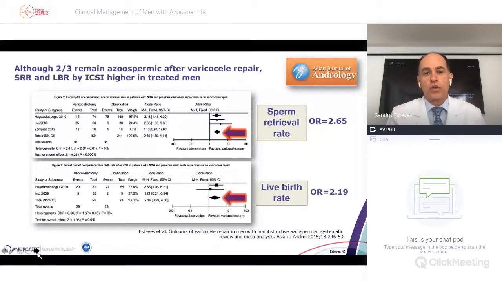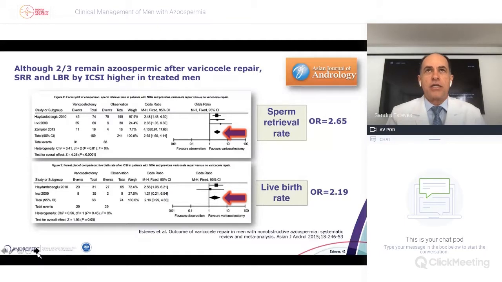So in this case, the authors showed that there was an increase in live birth rate in the group of men who had the varicoceles treated and who got sperm retrieved and injected by ICSI. So the live birth rates were actually higher in patients who had the varicocele treated.